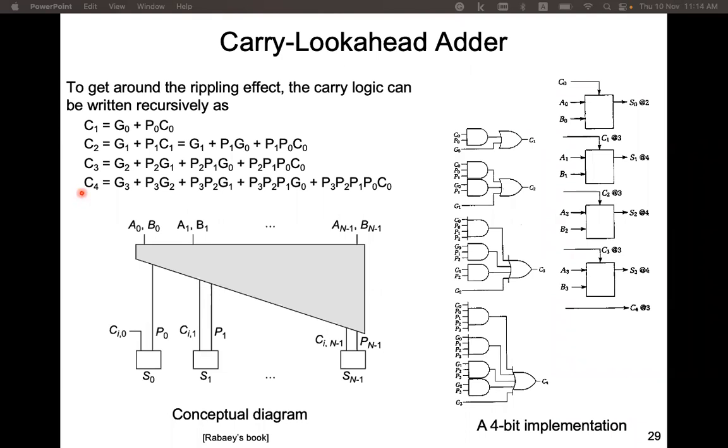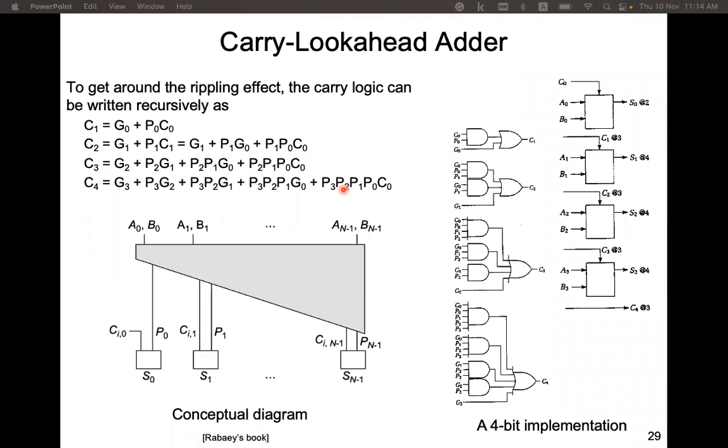Now, there is a problem with this. The problem is that the delay could be long if you do this repetitively for all the bits. Say if you have 16 bits, the final stage may contain an AND gate of 17 inputs. That delay could be very long.